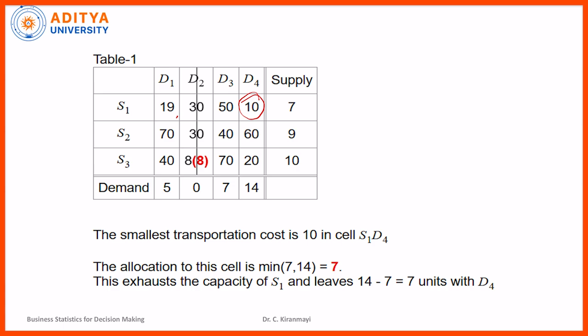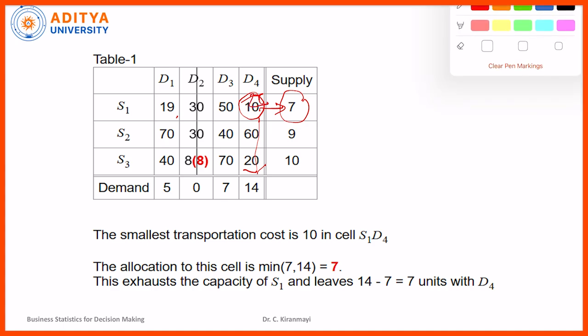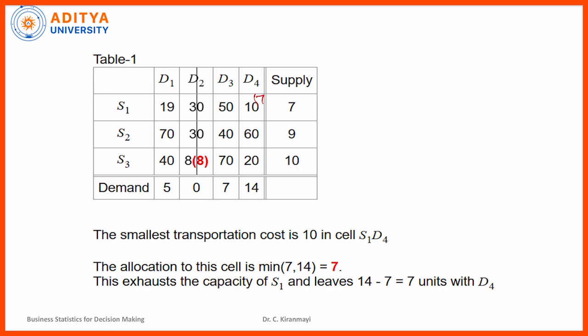Again look at the corresponding supply and demand requirement. The supply is 7 and the demand is 14. Whichever is less, that much we allocate. This is less, therefore allocate 7 for this cell.